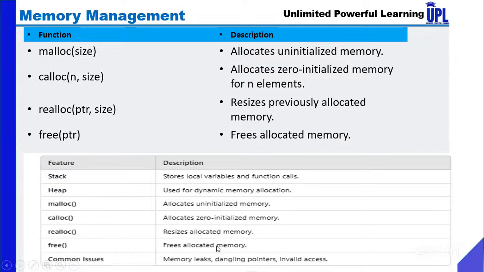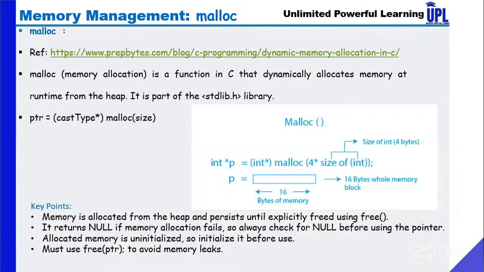Free releases the memory. If you make certain mistakes when coding using this memory management, it leads to memory leaks, dangling pointers, and invalid access. These are the types of challenges you may face.